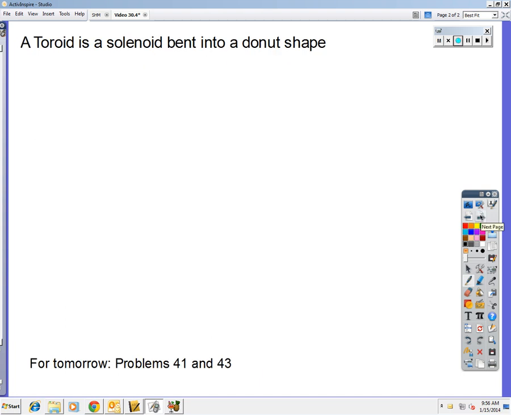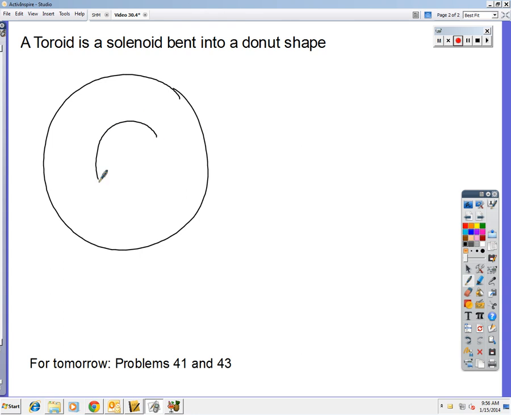And the second thing we're going to look at is a toroid, where you imagine a solenoid bent into a donut shape. It's really hard to draw, so I'm just going to draw a cross-section of it. You have an outer circle, you have an inner circle, and along the inner circle you have a bunch of wires that carry current out of the page.